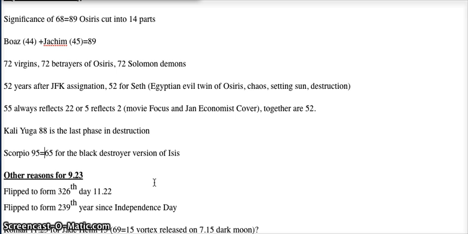Now, I wanted to point out that Jade Helm, actually, we saw it develop on 7/15, which was a dark moon, and that is a 57.